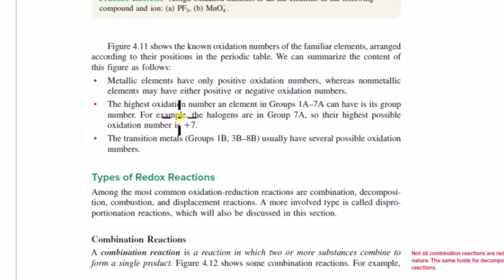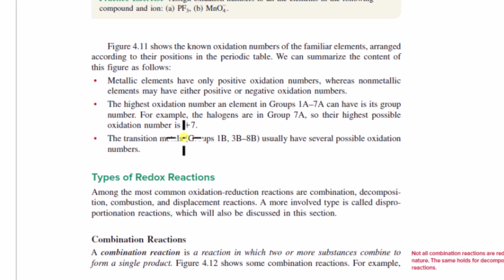So it says the highest oxidation number an element in groups 1A to 7A can have is its group number. For example, the halogens are in group 7A, so their highest possible oxidation number is +7. Okay, by highest, they're not referring to highest in magnitude. For example, +2 we would say is higher in this case than -3.